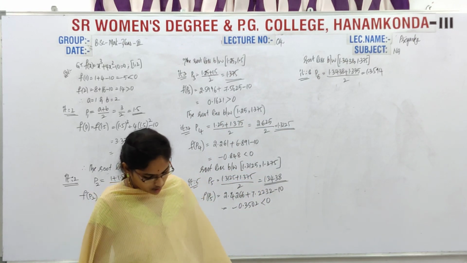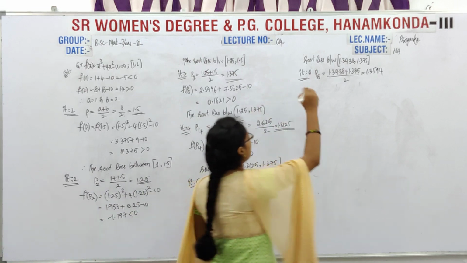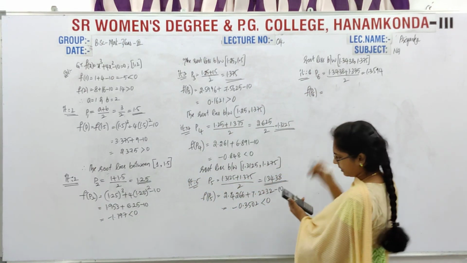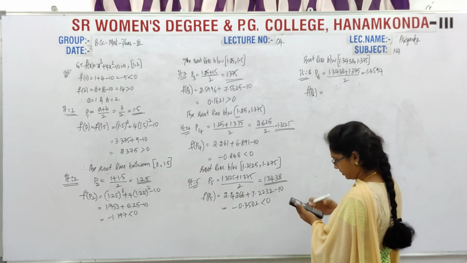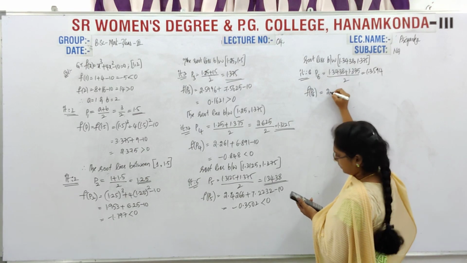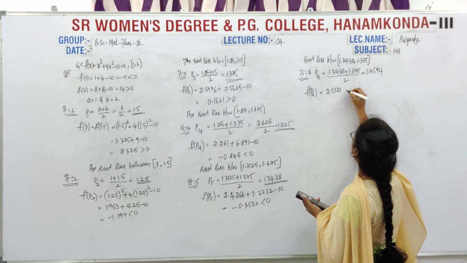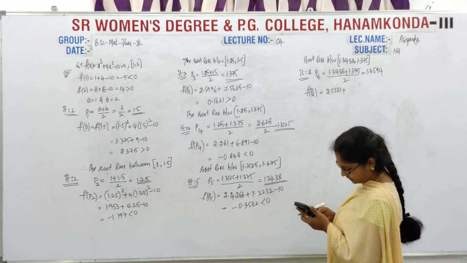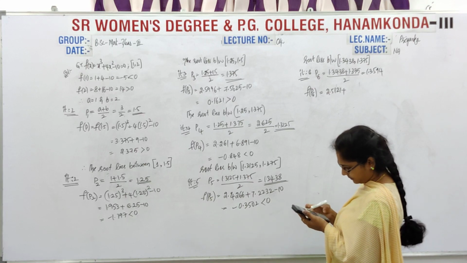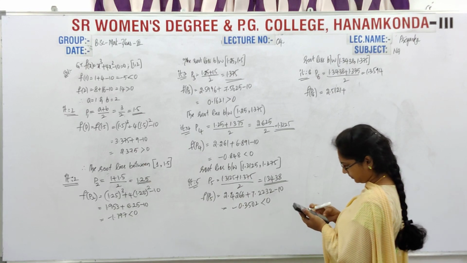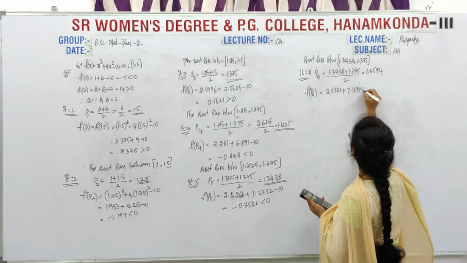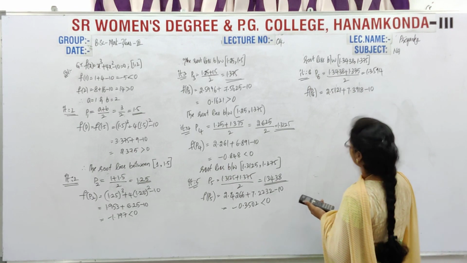Okay. So now clearly f of P6 equals what we get? 1.3594 whole cube, now 2.5121 plus 1.3594 whole square into 4, 7.3918 minus 10.